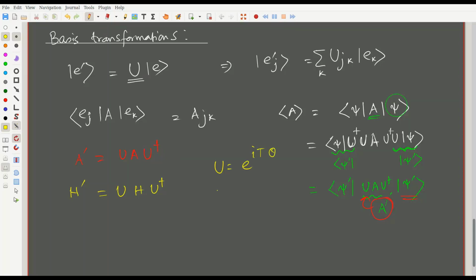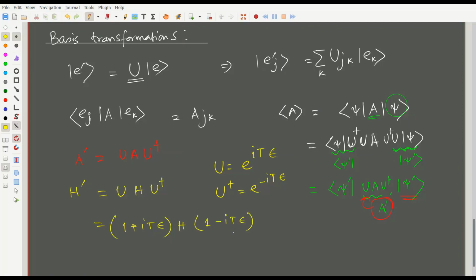Then of course U dagger is the inverse. Let me call theta epsilon. So in the infinitesimal limit, when epsilon tends to 0, you can expand this thing. So it is e to the power i T epsilon times H, then 1 minus i T epsilon.